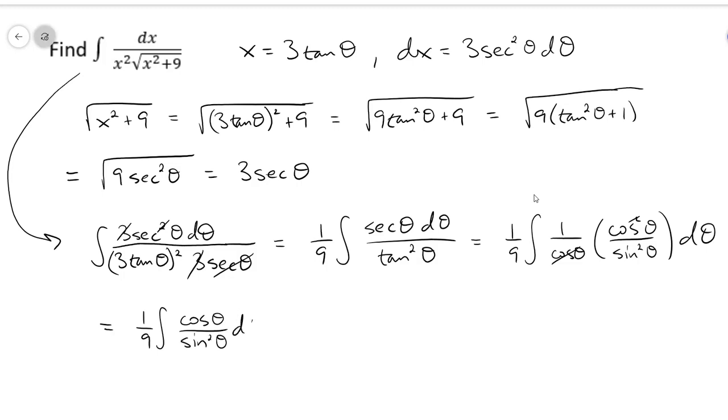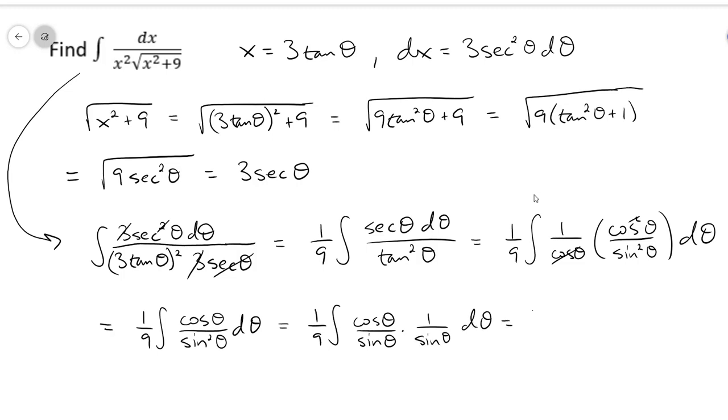Now this could be done with a substitution. You could let u be sine and then du be cosine. You'd end up with du over u squared, although you could also write this as cosine over sine and then multiply that by 1 over sine. Same thing.